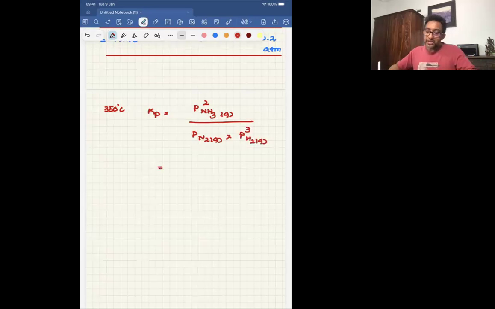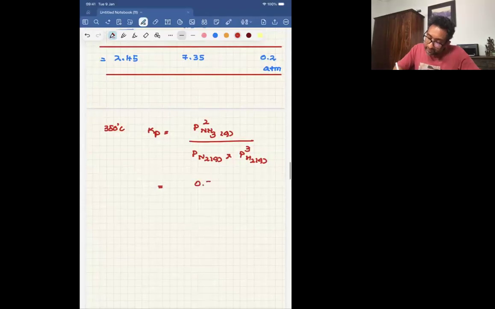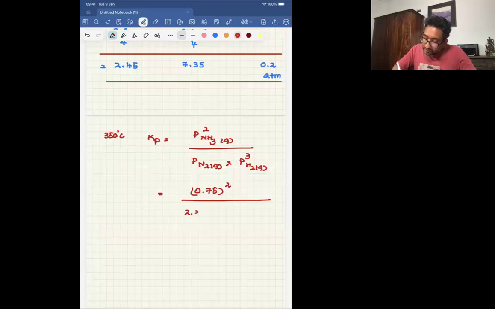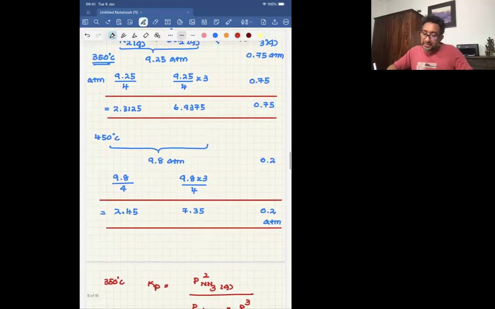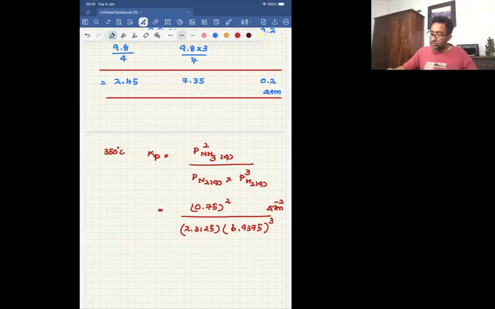Let us substitute these values: 0.75 squared, nitrogen 2.3125, hydrogen 6.9375 to the power 3. The unit is atm to the power minus 2.